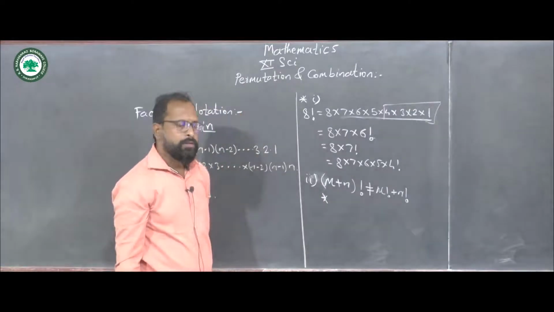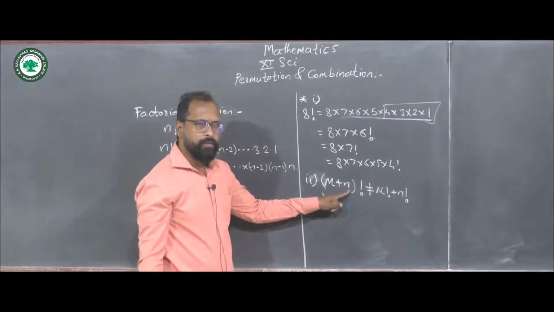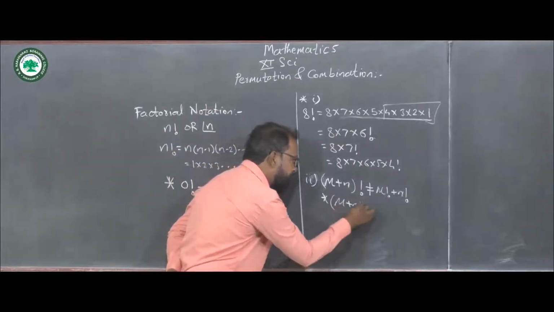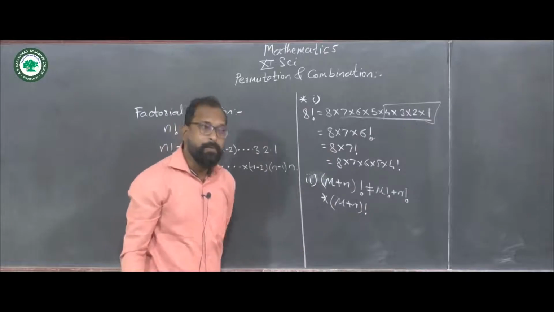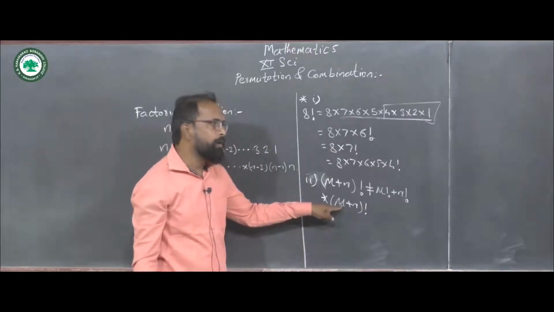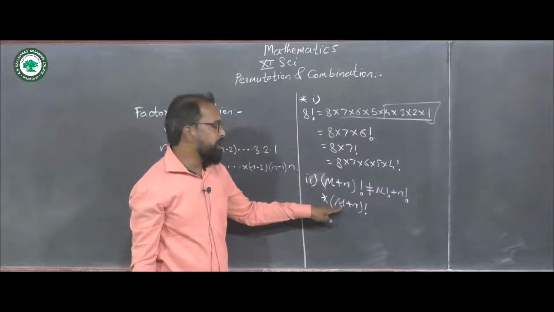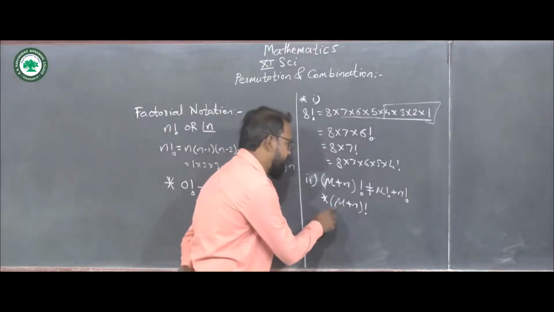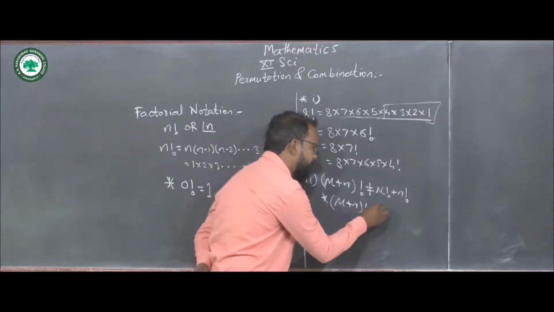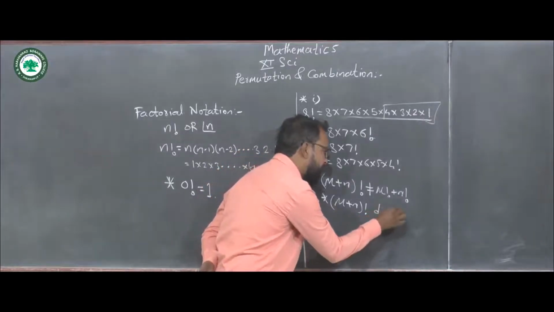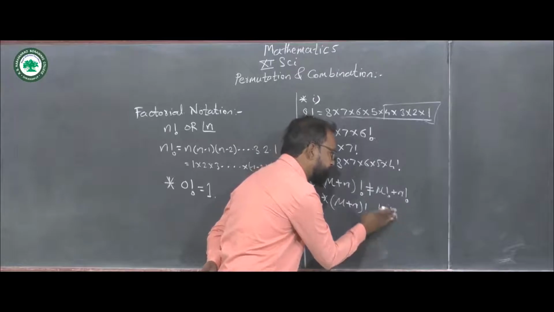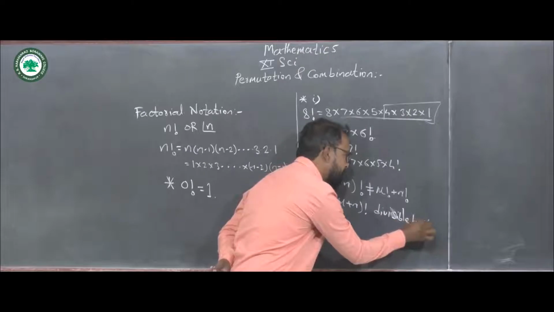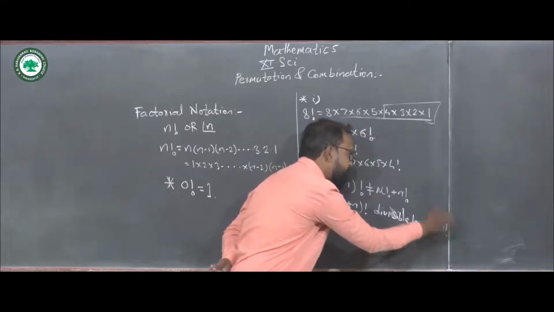Since m plus n factorial is divisible by m factorial as well as n factorial. It is divisible by both. So we can write it here as m plus n factorial is divisible by m factorial and n factorial.